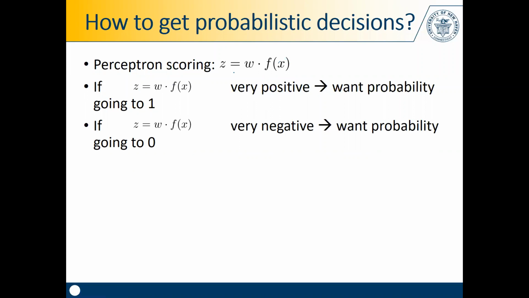Now, we have a problem here. The probability values are between 0 and 1, right? So probabilities are always between 0 and 1. However, these scores are all over the place. They are not bound by being between 0 and 1. How can we convert real values, real scores? How can we map these scores to a value that falls between 0 and 1?